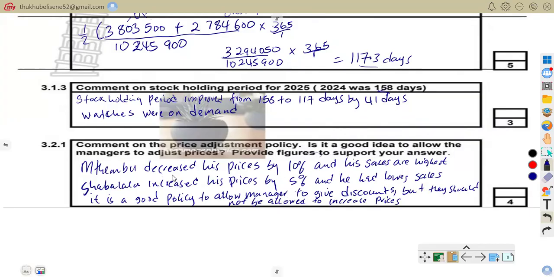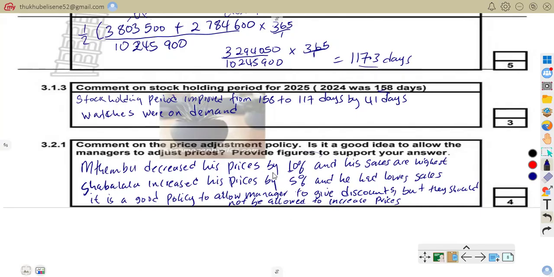We have seen when Mutebu decreased his prices by 10%, as it was 60%, and then he decreases to 50. So it means his prices were decreased by 10% and his sales were highest. His sales were highest because more customers came because of what? Discount. But with Shabalala, who increased his price by percent, his sales were lowest.